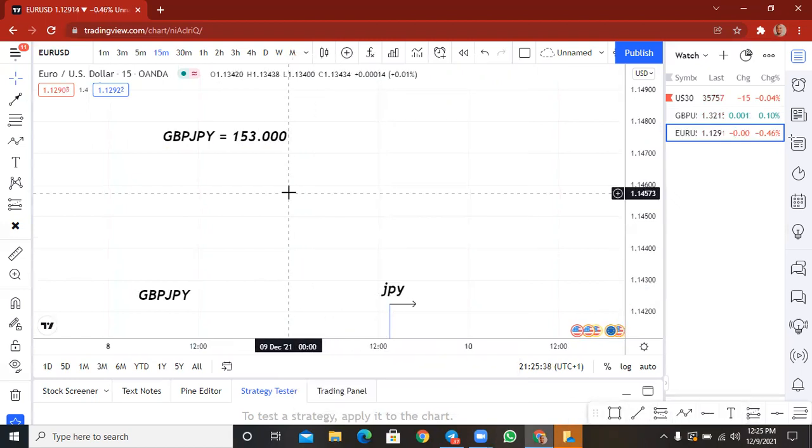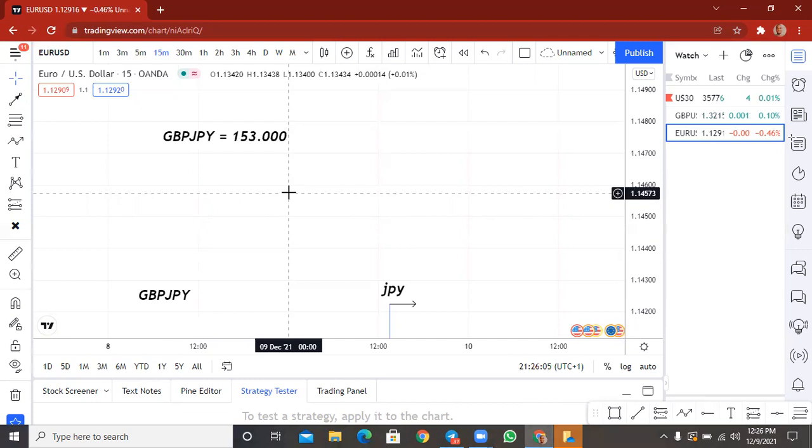The meaning of this is that £1 makes 153 Japanese yen. As you can see, the 153 here is the whole number, and the decimal point is before the zeros. So this GBP equals 153.00. It means £1 costs 153 Japanese yen. That's the meaning of this.